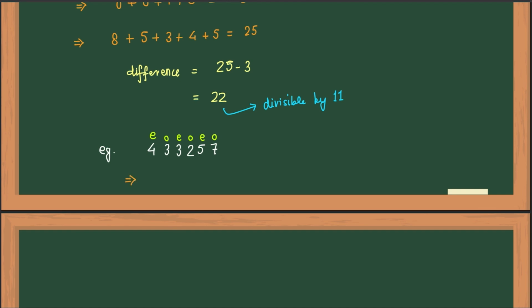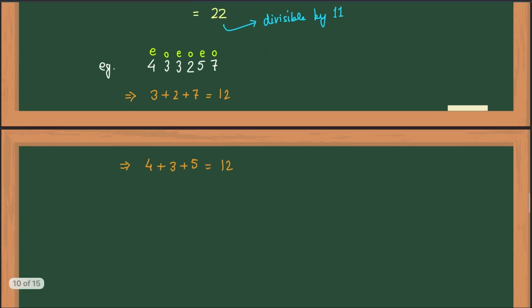Add all the odd place digits, that is 3 plus 2 plus 7, which is 12. Now add all the even place digits, those are 4 plus 3 plus 5, which is also 12. Now what we have to do? We have to find the difference over here. So the difference is simply 12 minus 12, which is 0.